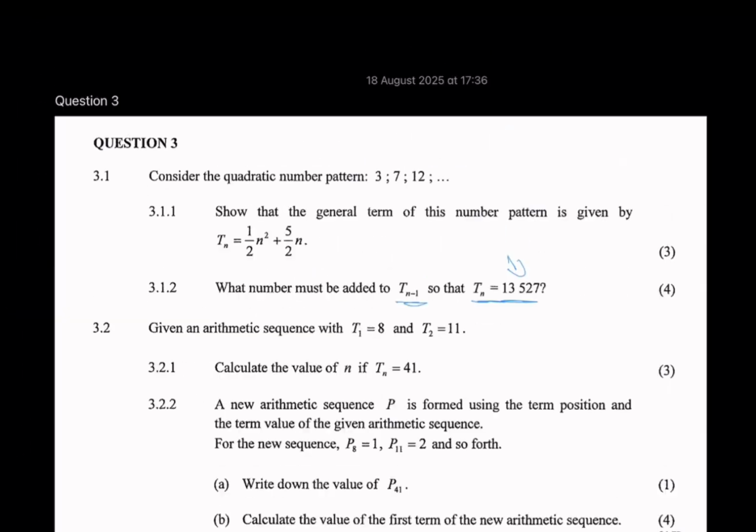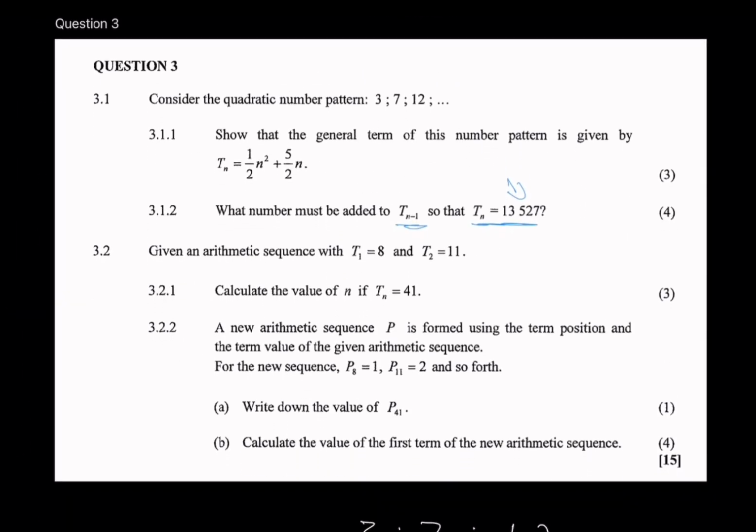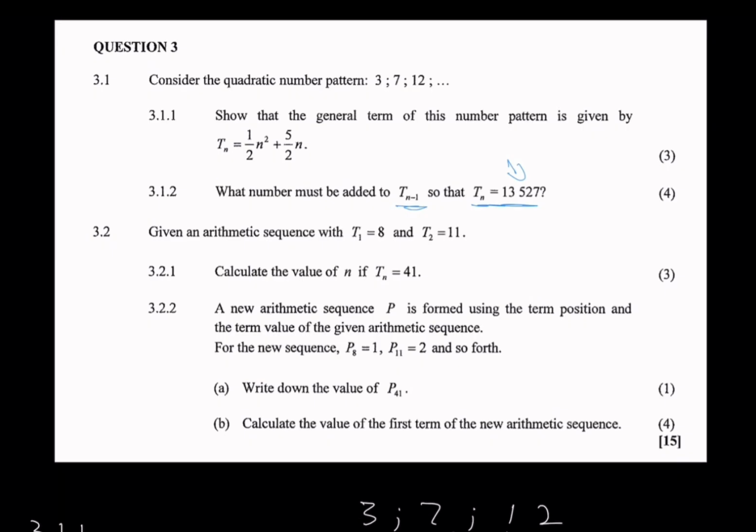Now, they are saying a new arithmetic sequence P is formed using the term position and the term value of the given arithmetic sequence. So what are they saying? Let us recall.